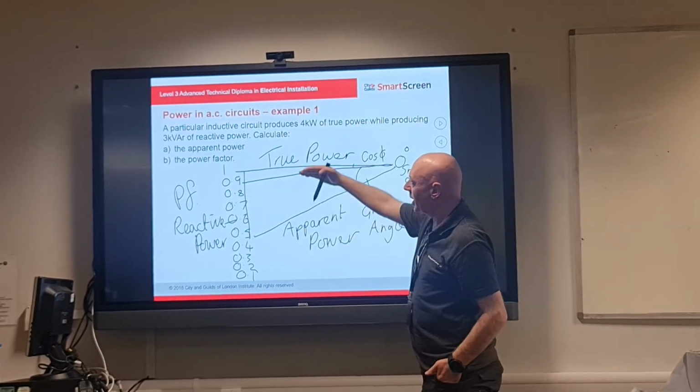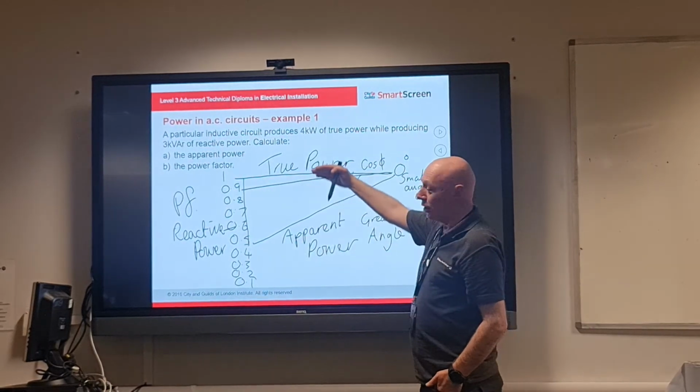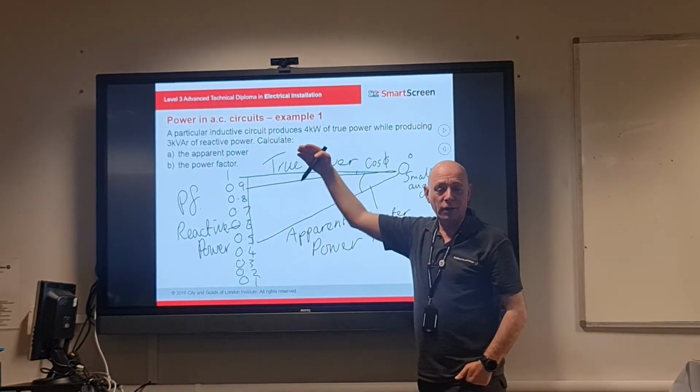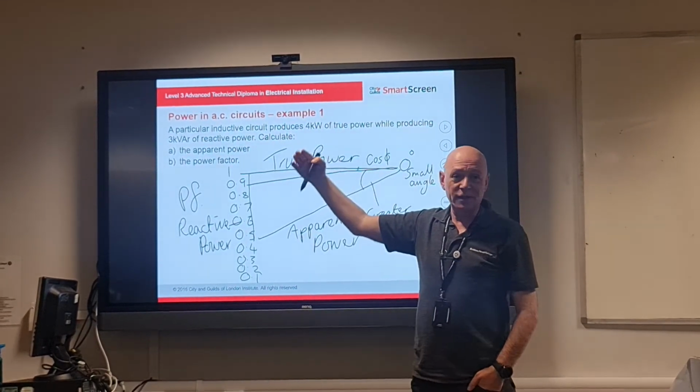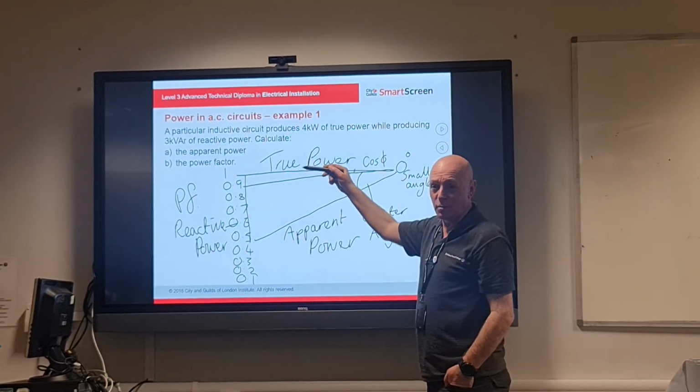So the closer we can get to unity, then the lower our running costs and the lower our energy consumption, which these days can only be a good thing. So trying to achieve this is the most important thing.